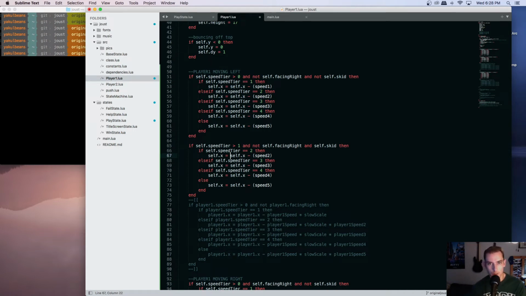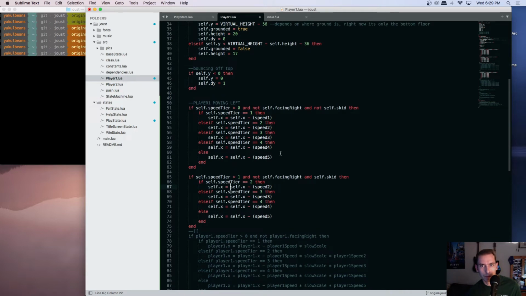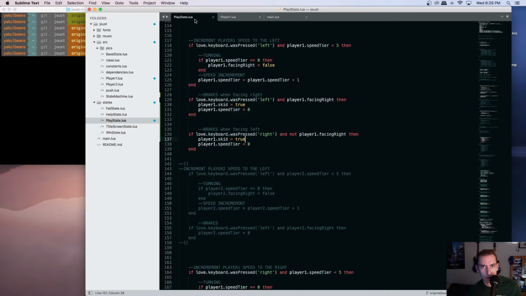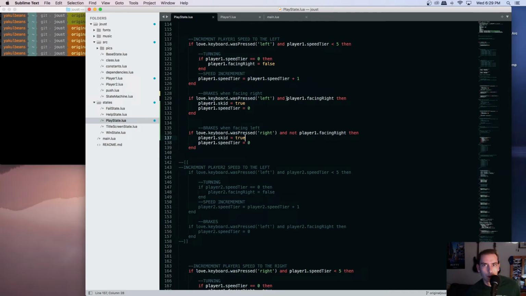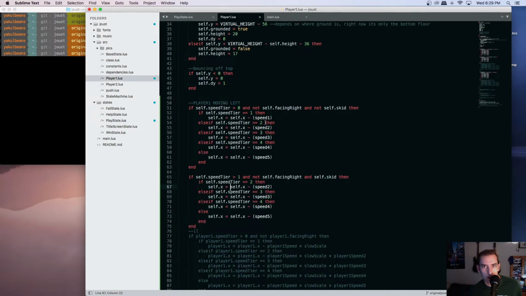So if its speed tier is greater than 1 and facing left, hold on a sec. The skid only needs to happen when the button of its opposite facing direction is pressed, which is right here. So yeah, skid true. So if it is skid true, okay.